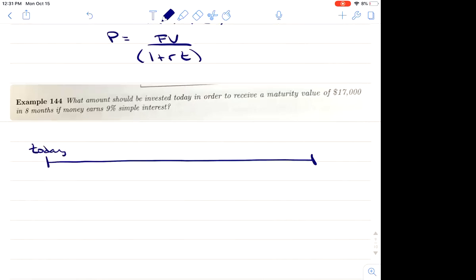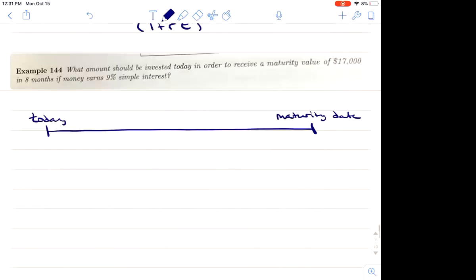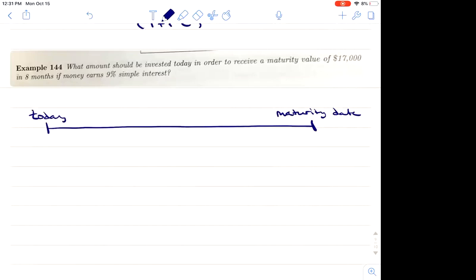If we want to have a maturity value of 17,000. So now we have any maturity date as long as it's 8 months after today, like the question says. We need this maturity value to be $17,000.